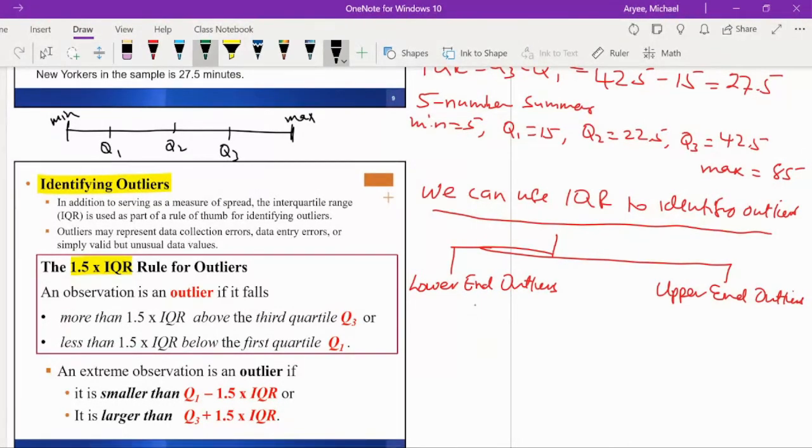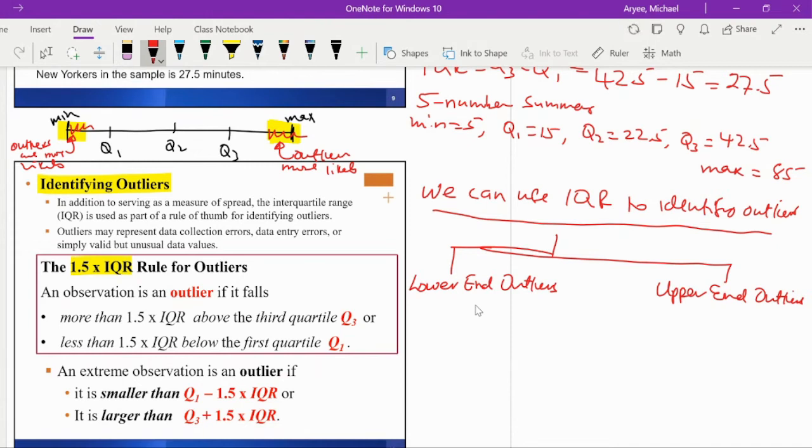If there are outliers, they are more likely to be on the extreme ends, somewhere here or somewhere here.